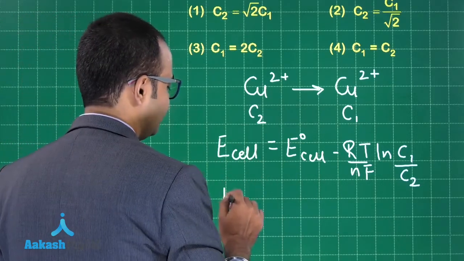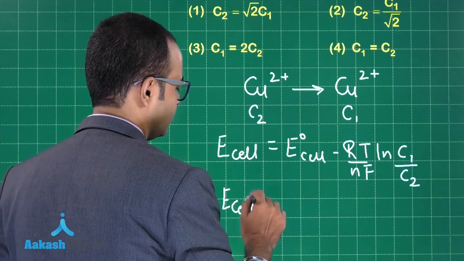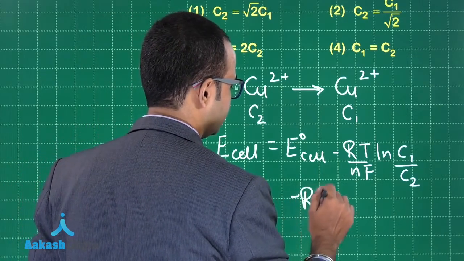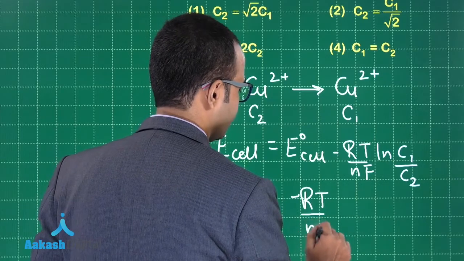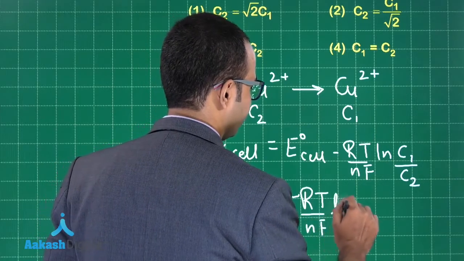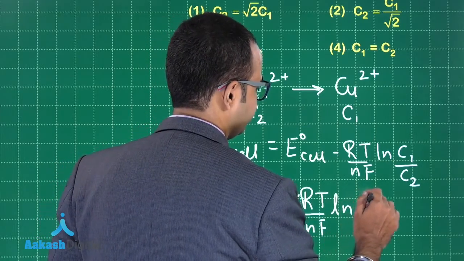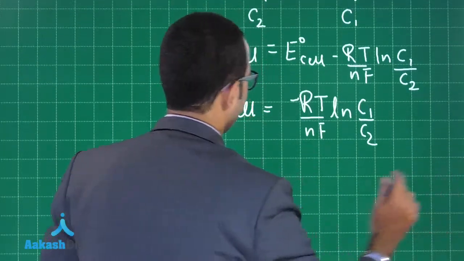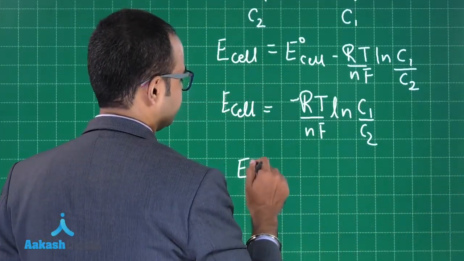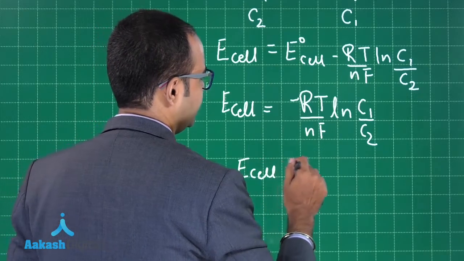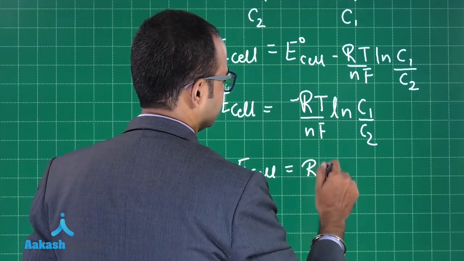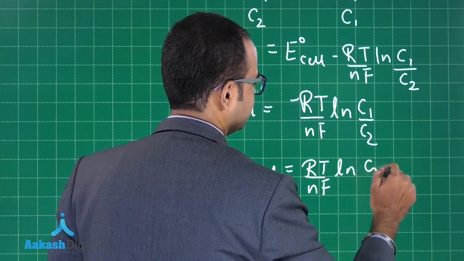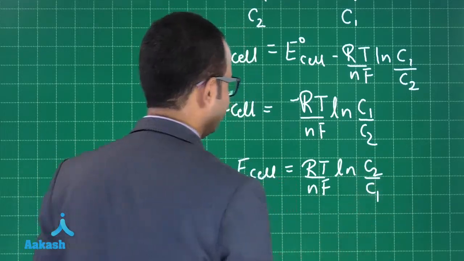So E cell will be equal to minus RT by nF ln C1 by C2. So this can be written as E cell is equal to RT by nF ln C2 by C1.